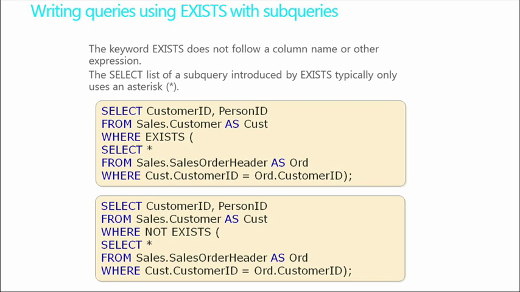So we're going to match on customer ID from the two tables in the subquery. If it exists, then we're going to return that content to the outer query, and that content will be displayed. The customer ID specifically and the person ID will be displayed that way. And we can flip that around and do a NOT EXISTS as well. Both of these will provide us information regarding the content that's returned from within that subquery.